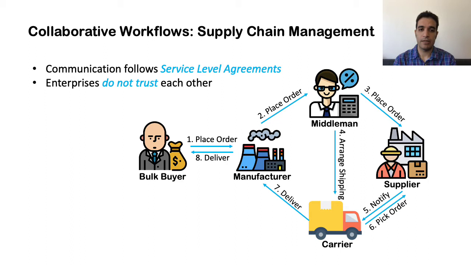For example, the bulk buyer places an order with the middleman, we have arrange shipment, we have delivery, we have big order, and all types of these global communication or global transactions among these enterprises.